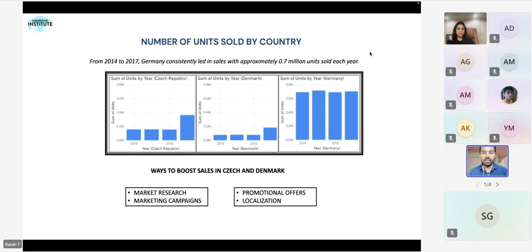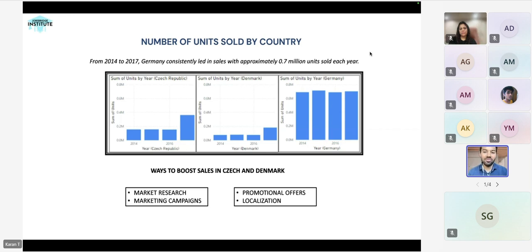So this is just a recommendation that we can probably have the product more localized, let's say the packaging can be more well adapted in their local language, or anything which can bring that local flavor. Promotional offers, as in we can have promotional offers during Christmas, for example, or we can have promotions during different seasons.